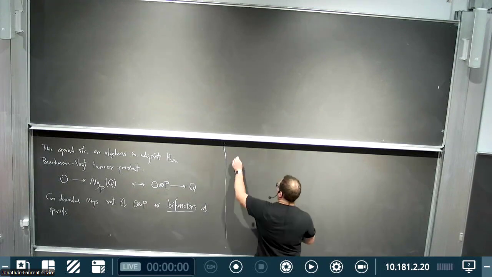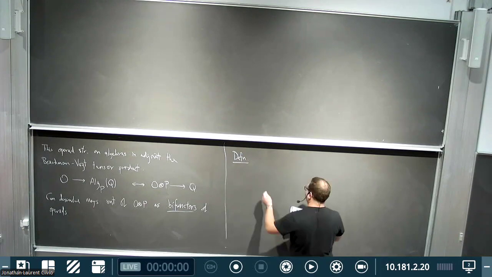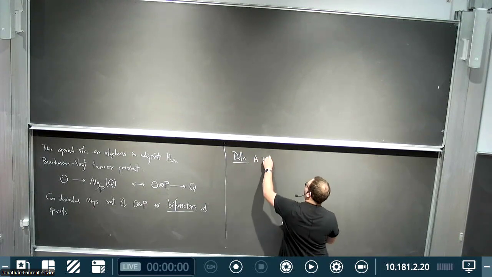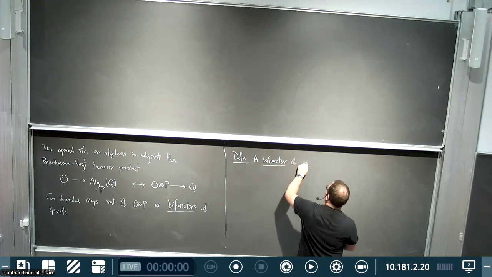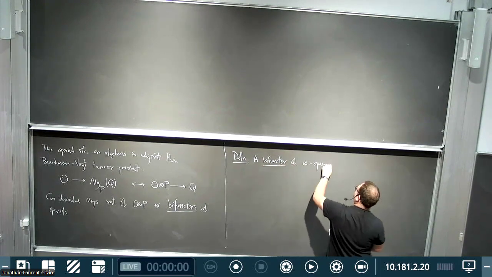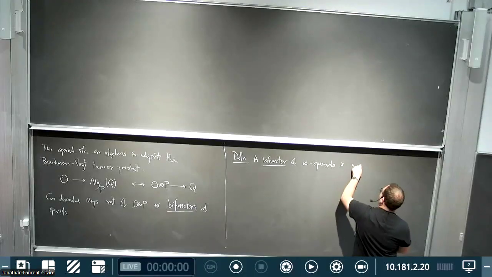So bifunctors in the operads is equal to the square.